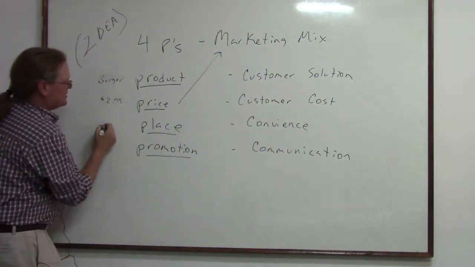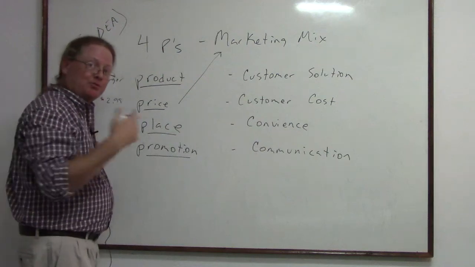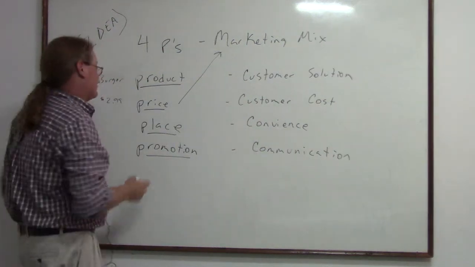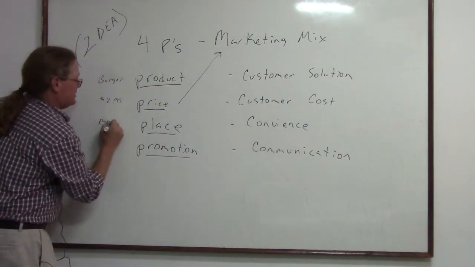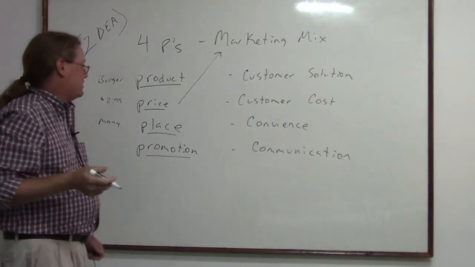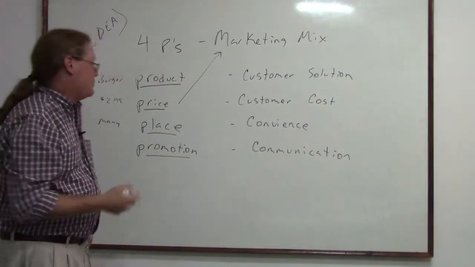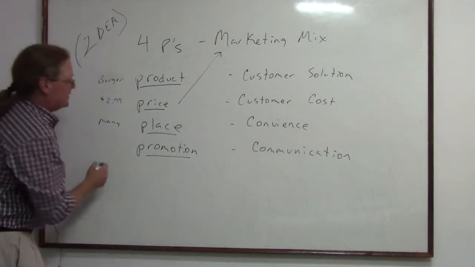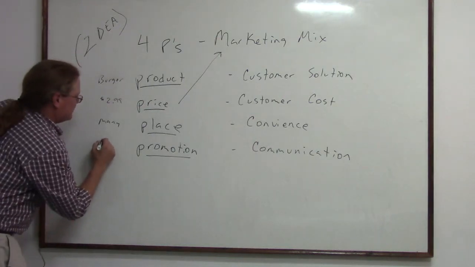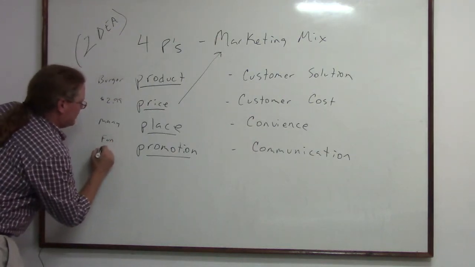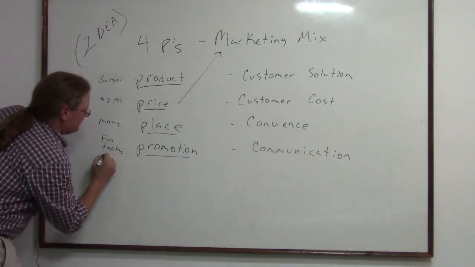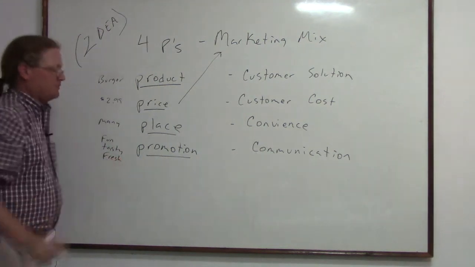And then the place, we could have one location where the burgers are offered, or we could have many locations across the town to make it more convenient for the customer. And then the promotion might be something fun, tasty, and fresh for our burger.